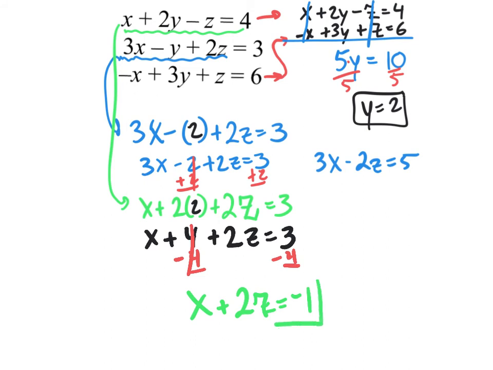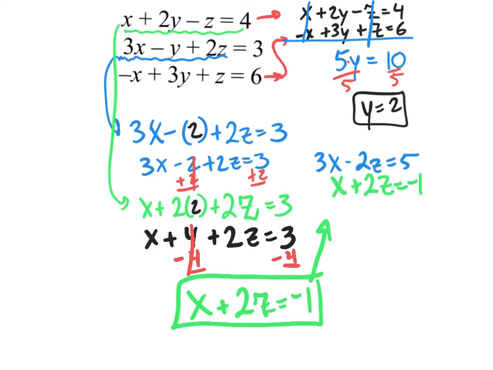So this is another 2-variable equation. Let's put this 2-variable equation up here right next to the other 2-variable equation. So I have x plus 2z equaling negative 1. So right here we have a 2x2 system that I need to solve.